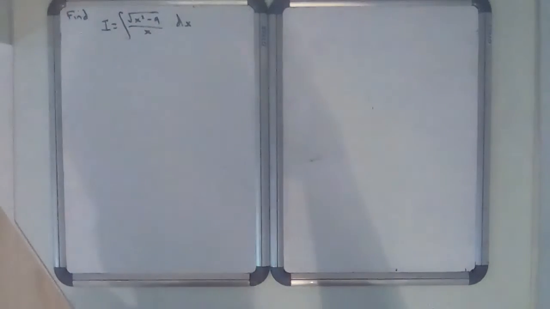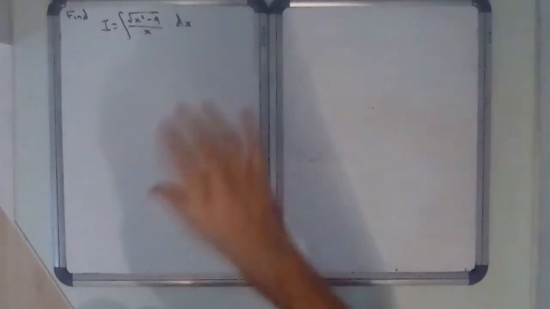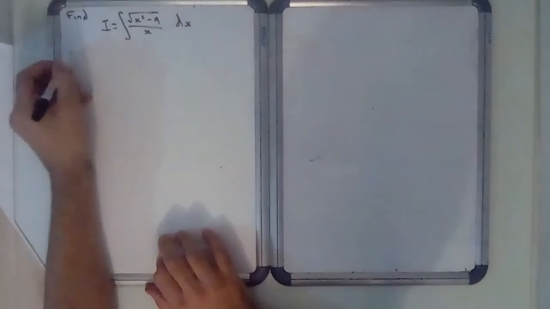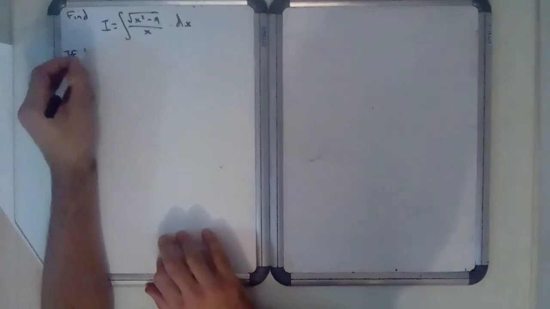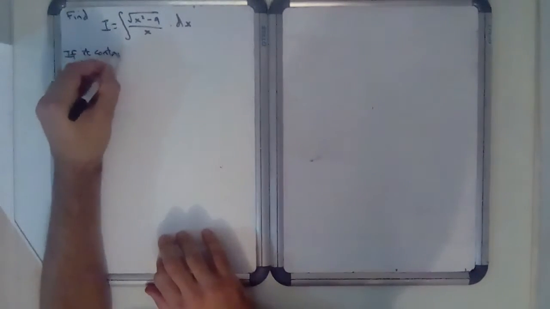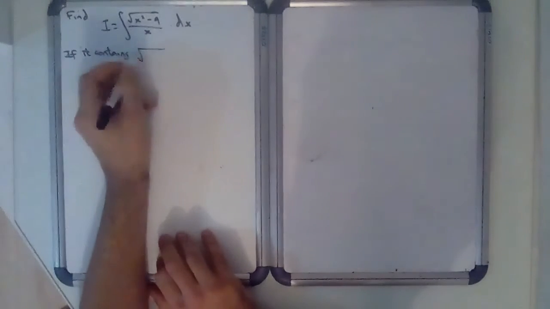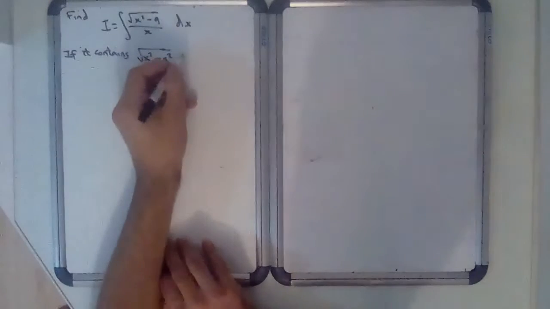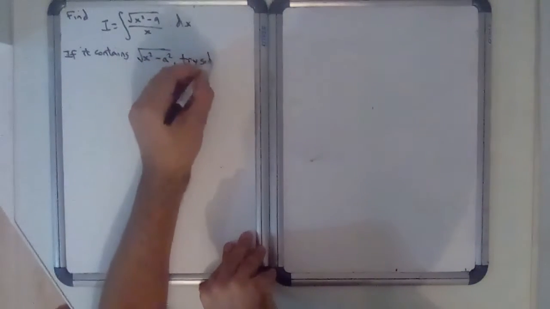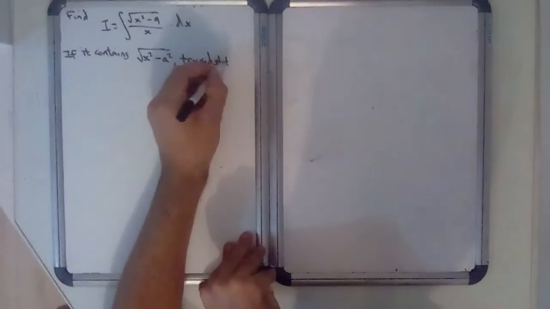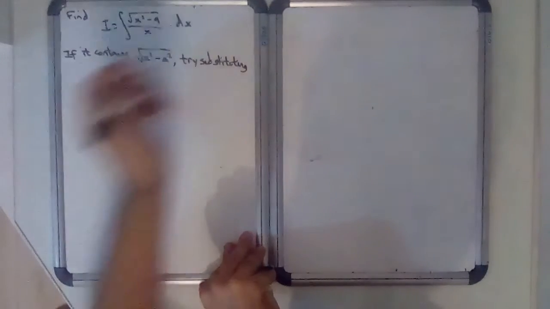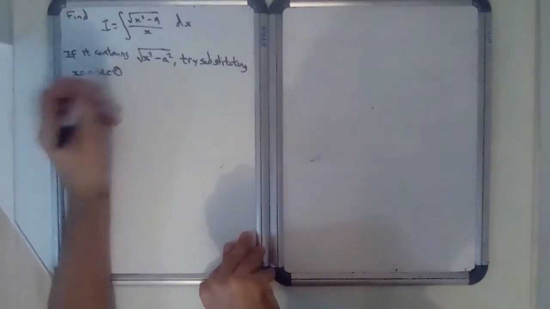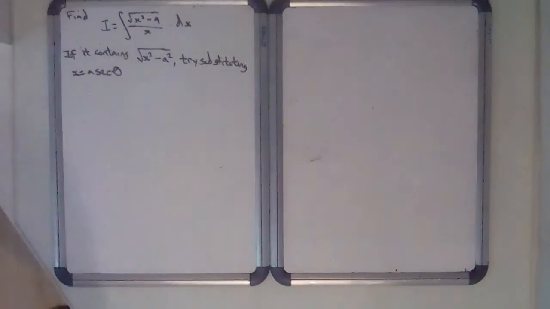Looking at this, I can go straight into our special substitution, because if the thing you want to integrate contains a root of x squared minus a squared, you should try substituting x equals a sec theta.